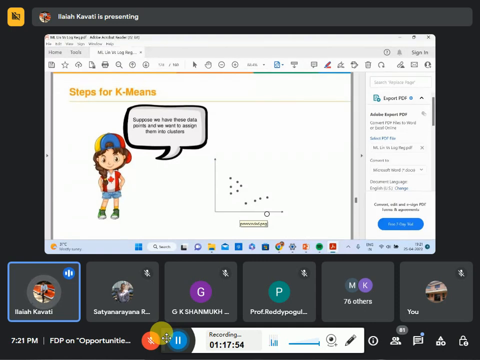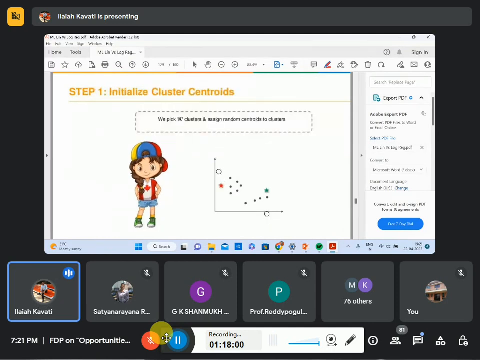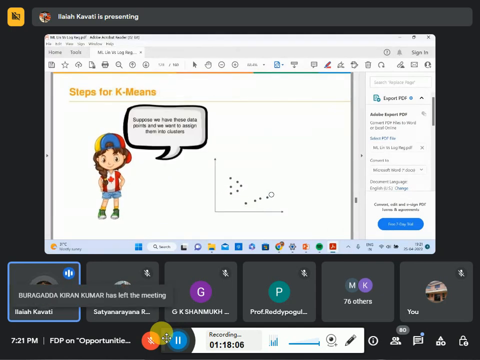With K equal to 2, the first step is to choose 2 points randomly, any 2 points. We pick K clusters and assign random centroids to the clusters. This red star and green star are the random points, called the mean points of the clusters.